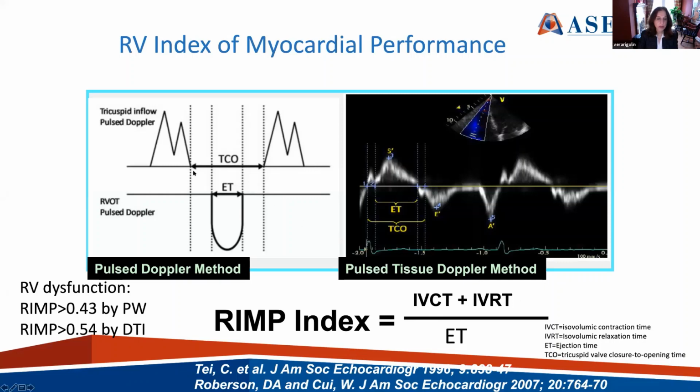Those parameters are calculated again either using pulse wave Doppler or using tissue Doppler. The numbers to remember are a value greater than 0.43 by PW Doppler, or a value greater than 0.4 by tissue Doppler, which suggests the presence of RV dysfunction.